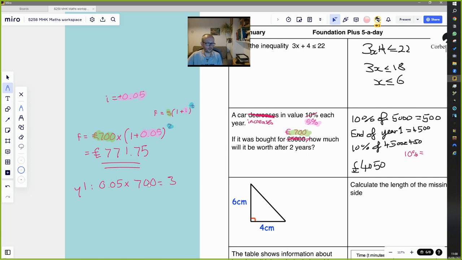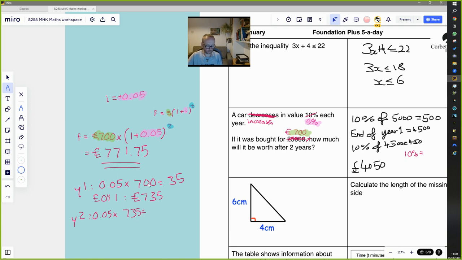So 35, should have written the symbols really. But anyway, the end of year 1, it's going to be 700 plus 35, so 735.